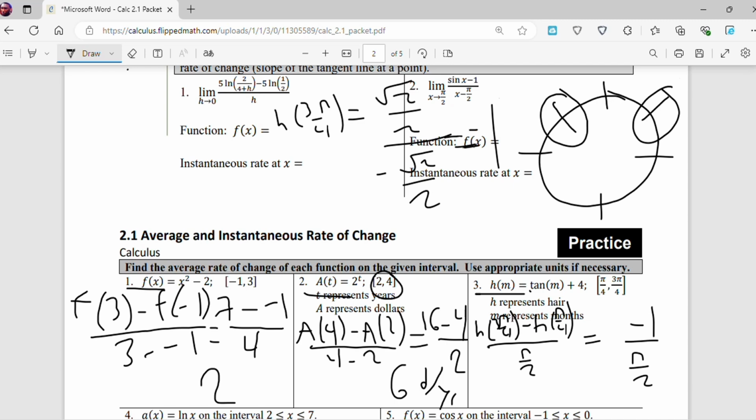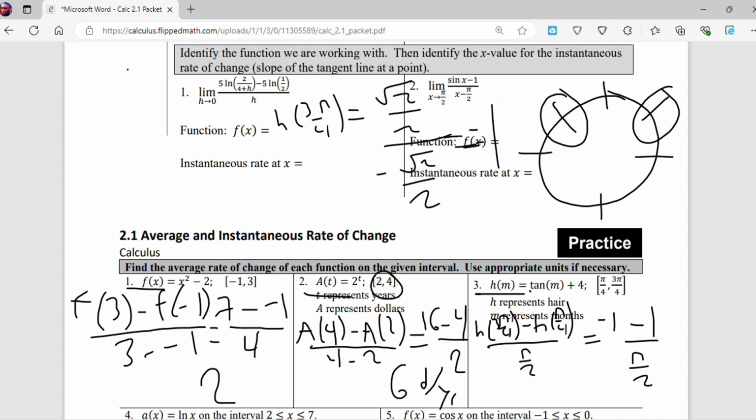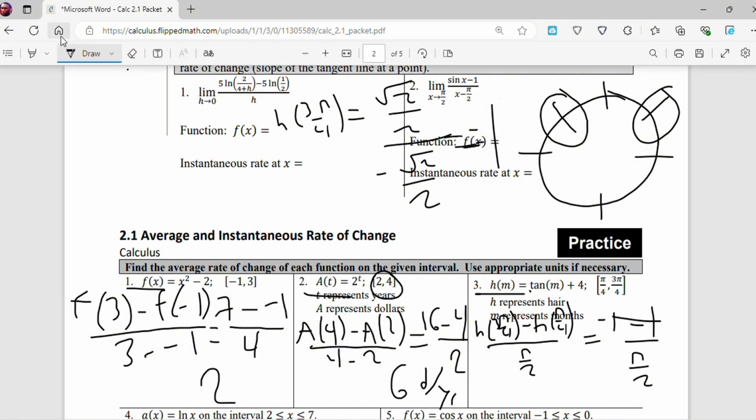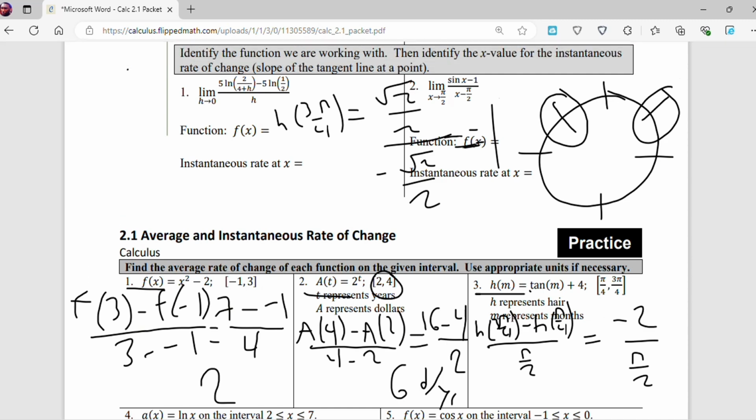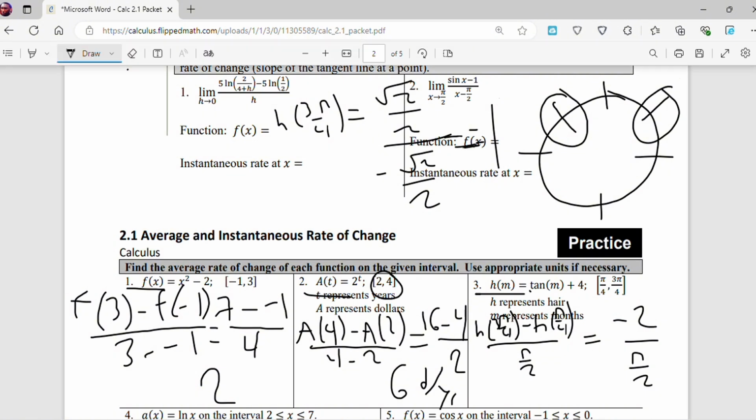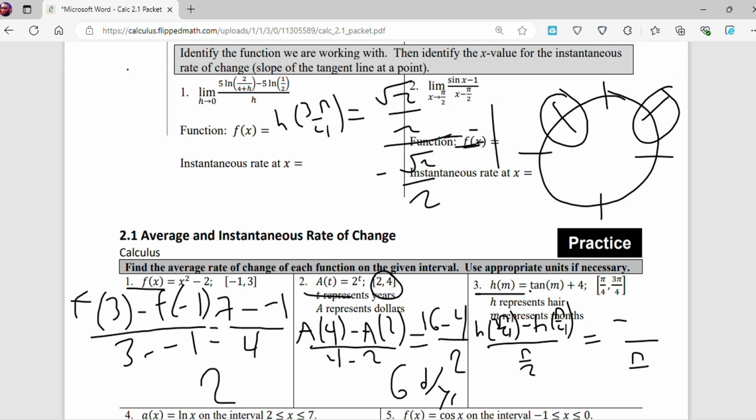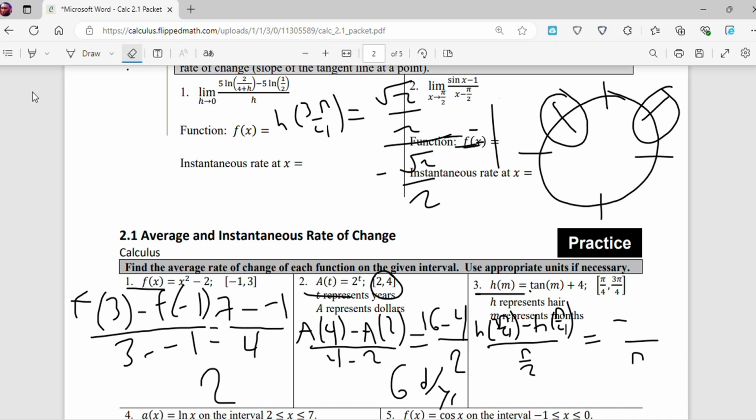So you get negative 1. Negative 1 minus 1, which becomes negative 2. Negative 2 divided by pi over 2. Well, you do keep change flip, and you get negative 4 over pi.